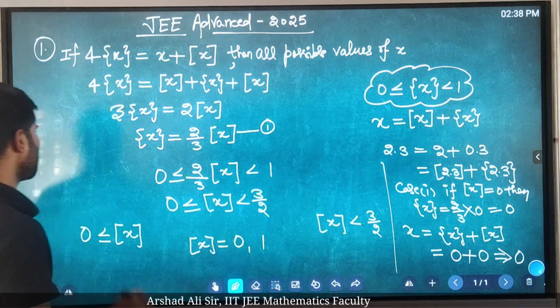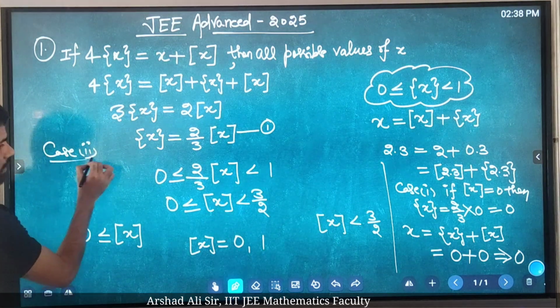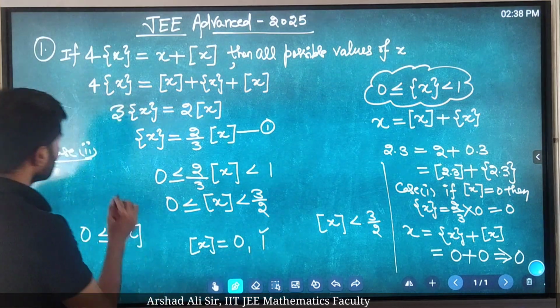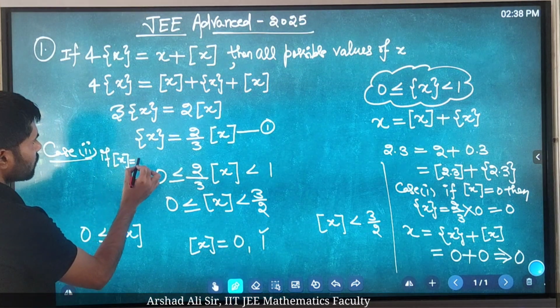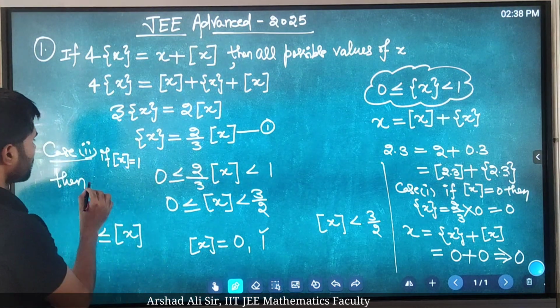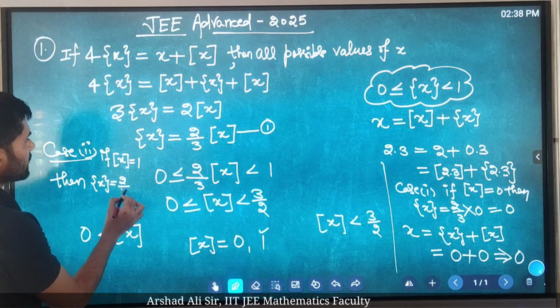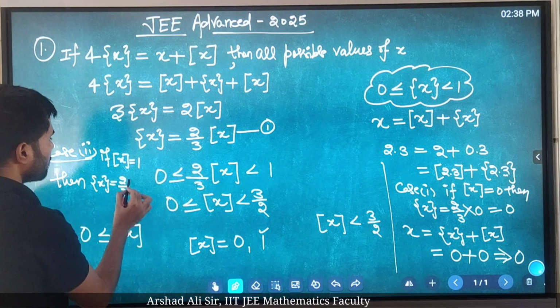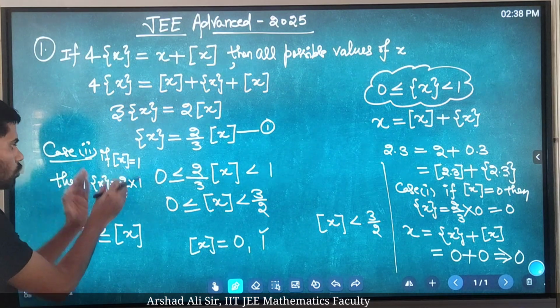Now think about the second case. If the greatest integer of x is equal to 1, then think about equation number 1. The fractional part of x is equal to 2 by 3 multiplied by 1, so we got the fractional part of x equal to 2 by 3.